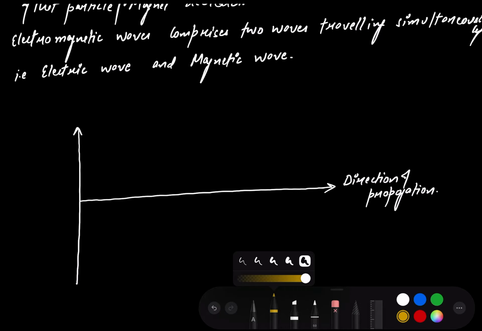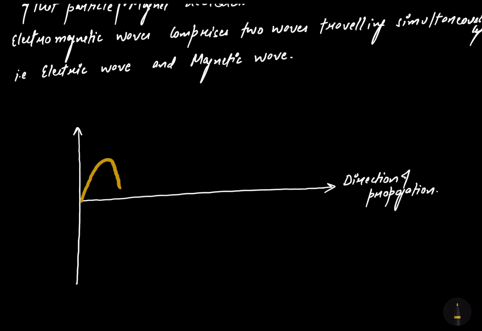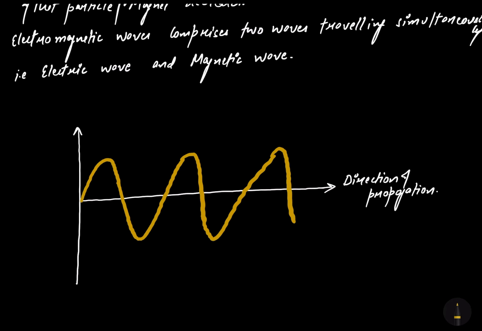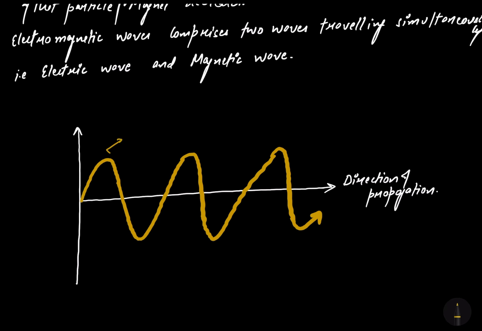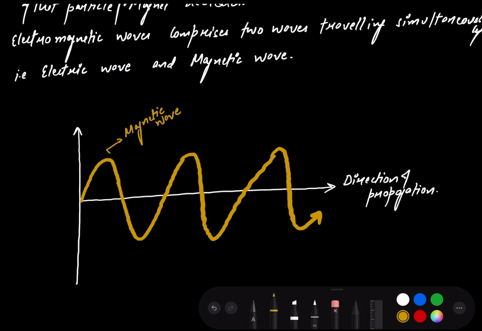Firstly I'm drawing the magnetic wave. This is the magnetic wave traveling like this. Now I have named this wave the magnetic wave. Now let's talk about the electric wave.